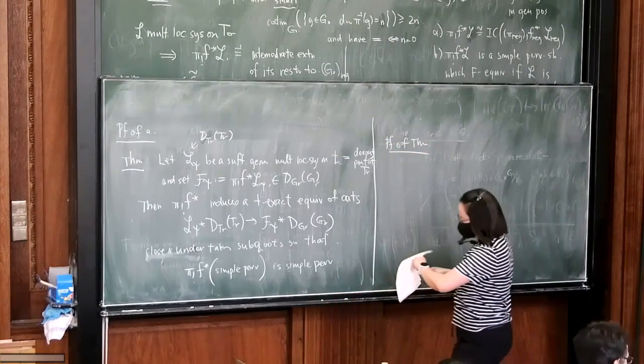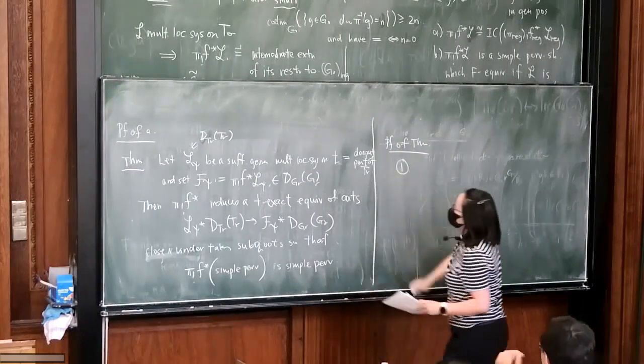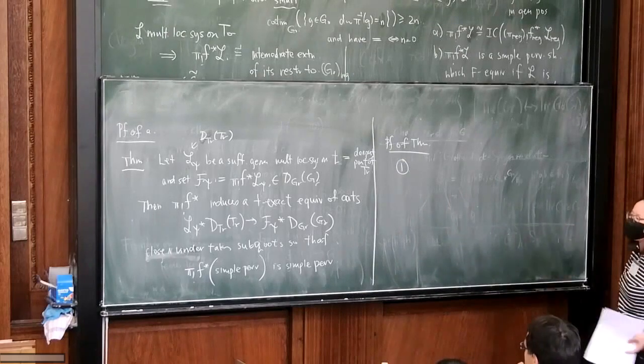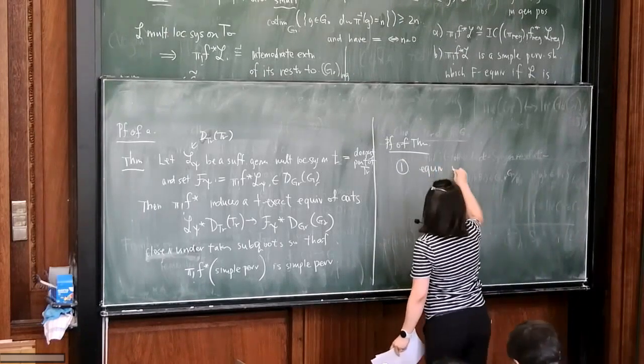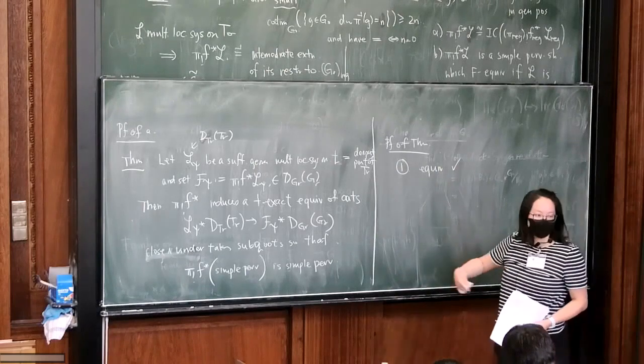Okay, so the first thing, of course, is to prove that it's an equivalence. And actually, to prove it's an equivalence already uses in a serious way the genericity property.